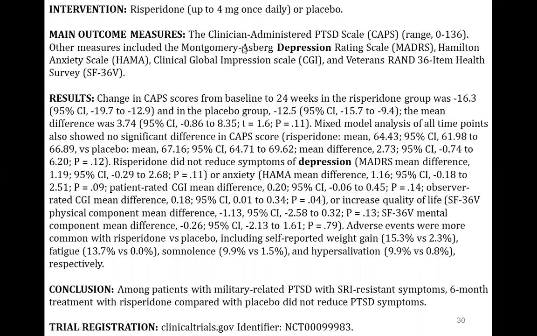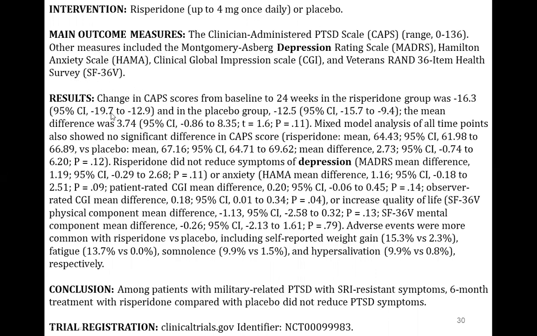They're using CAPS as a measure for PTSD. They've got depression scales, MADRS, and they did HAM-A. They didn't do HAM-D, but they used the Hamilton Anxiety Scale, so HAM-A. And they used some other scales, the CGI and the RAND study for veterans.